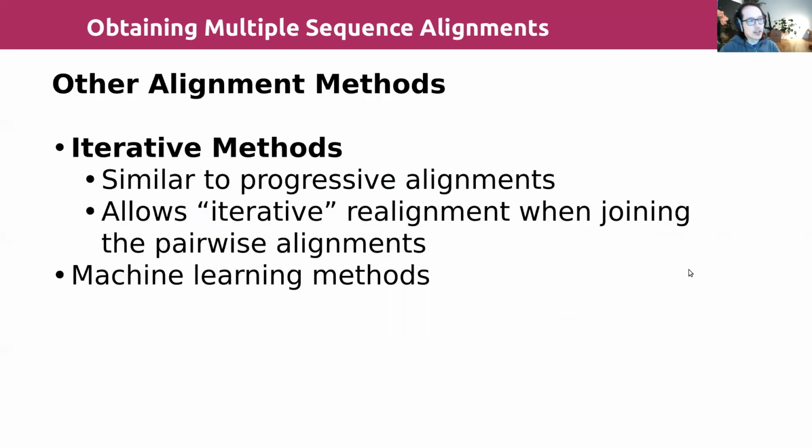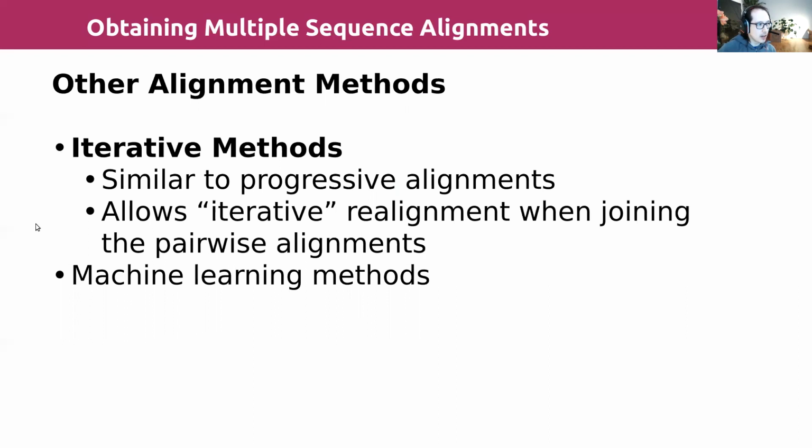So that's multiple sequence alignment, how you get it. And we went over progressive alignment, and this is kind of like the basic thing to understand. So there are other methods for performing multiple sequence alignment. Most of them are kind of similar in some way to progressive alignment. They involve adding sequences and kind of efficiently traversing the space of possibilities in a way that doesn't create too many random accidents.